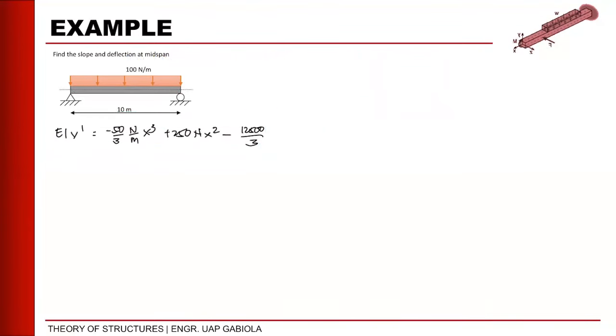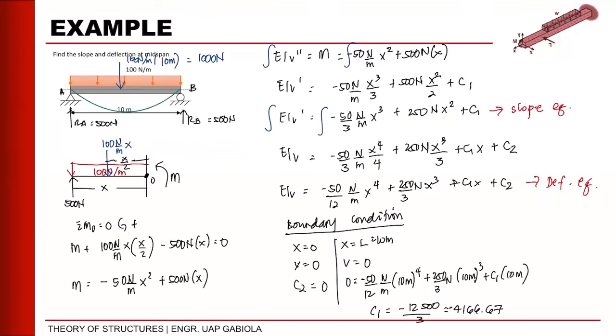Yan yung gagamitin natin. And then for our deflection, we will have EIv is equals to negative 50 over 3 Newton meter x to the fourth plus 250 over 3 Newton x cube minus 12,500 over 3 x.